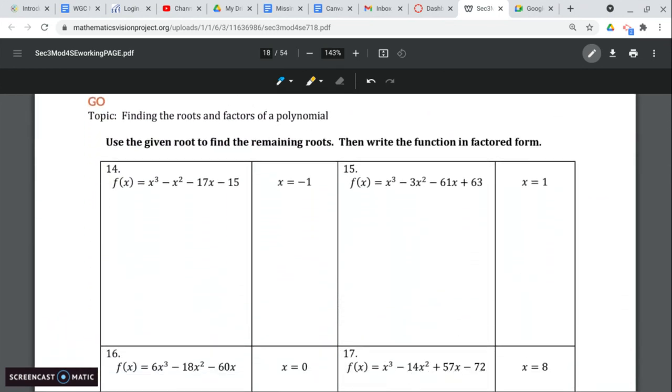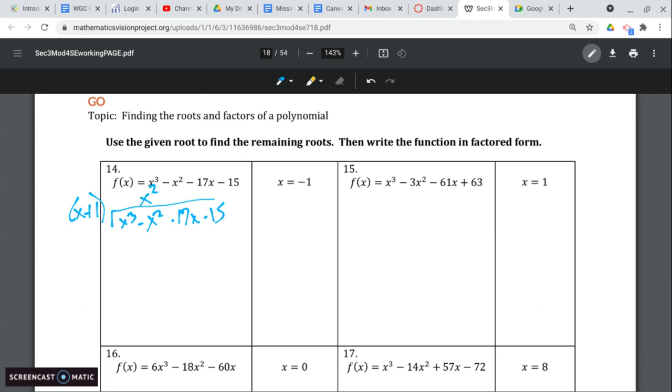All right, and last but not least, finding the roots and factors of a polynomial. So this is going back to our dividing the polynomial. So if we look at this one here, x equals negative 1, so that means one of our factors is x plus 1. So we would have x plus 1, we're dividing minus x squared minus 17x minus 15.